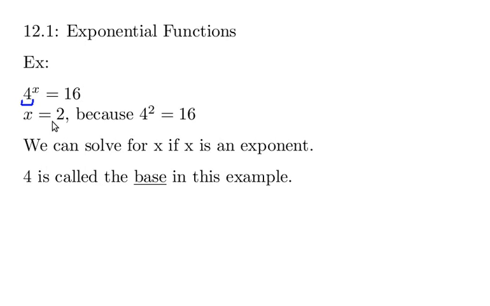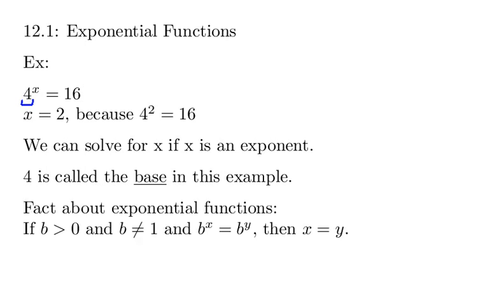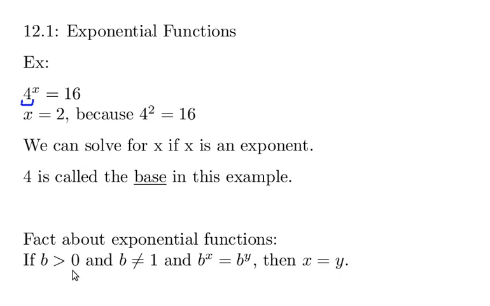So here is a fact about exponential functions that doesn't appear a whole lot in this actual section, but it's still pretty important. So if b is greater than 0 and b is not equal to 1, and we have b to the power of x equals b to the power of y, then x will equal y.